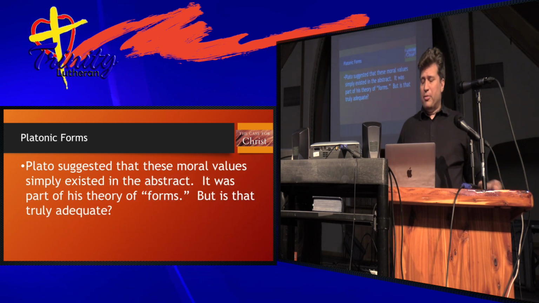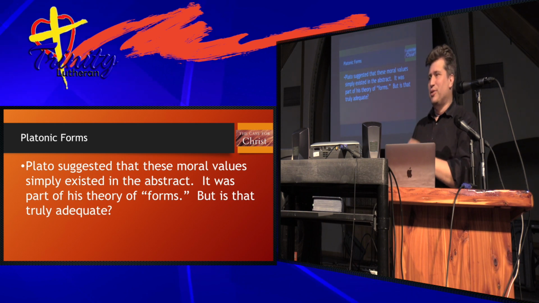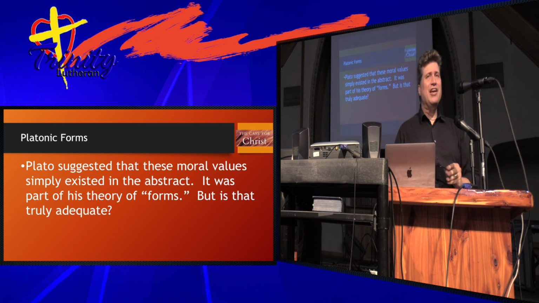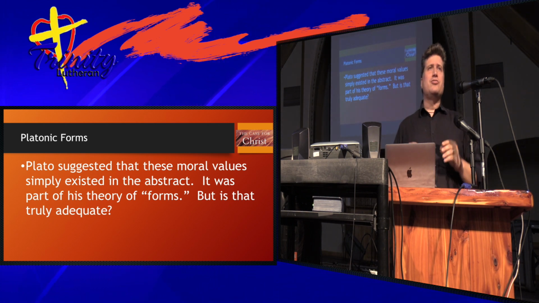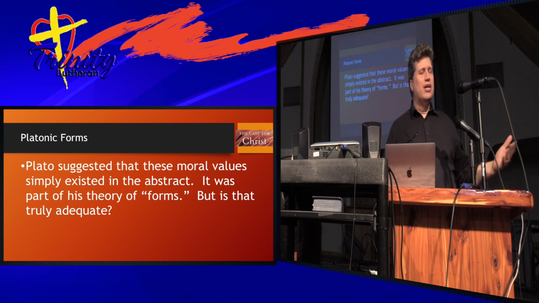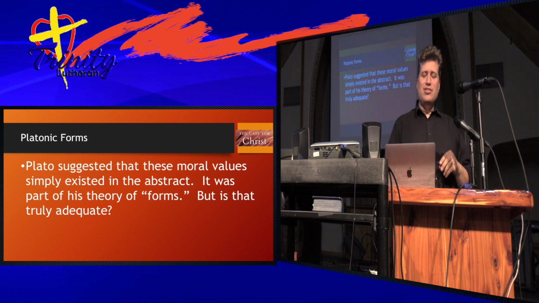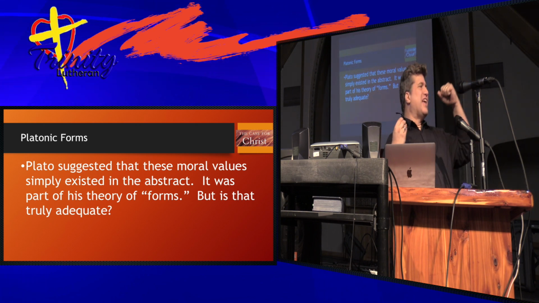Now, Plato, everybody heard of Plato? Not Play-Doh, not the clay stuff you play with. Plato, the philosopher. He recognized that there are these objective moral rules out there. And he proposed that they just exist in the abstract, that this idea of goodness is just out there.